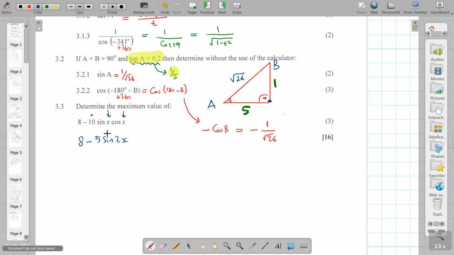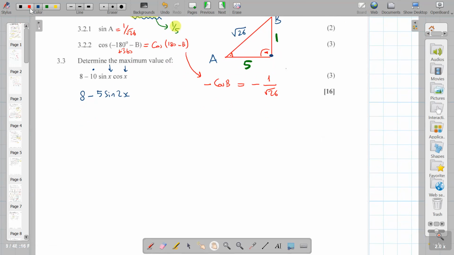Now, can I just write the minimum and maximum values? What are the possible values for minimum and maximum for that? When it is sine 2x, let's write a general answer so we can answer this maximum. Sine 2x is between -1 and 1. Minimum is -1, maximum is 1. But when you times with 5, minimum and maximum change.